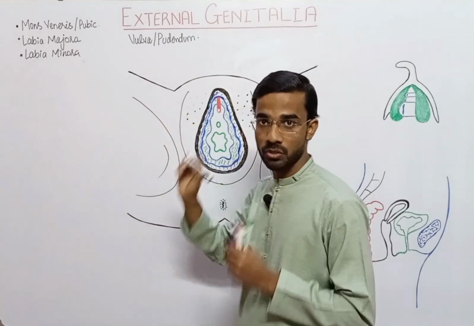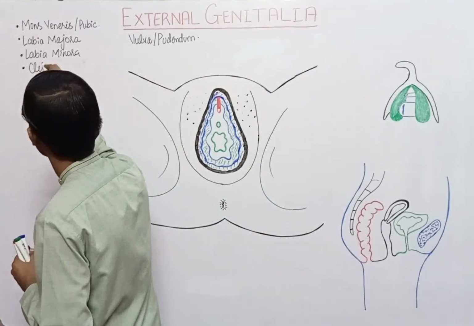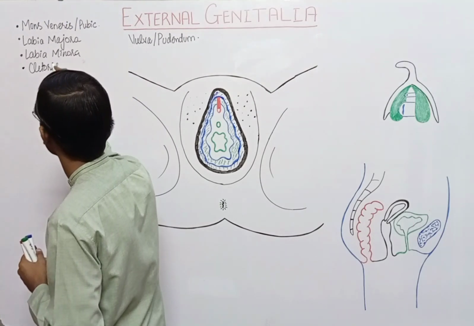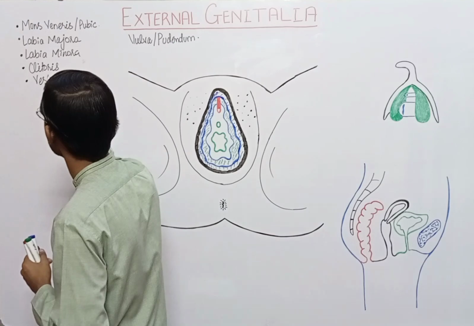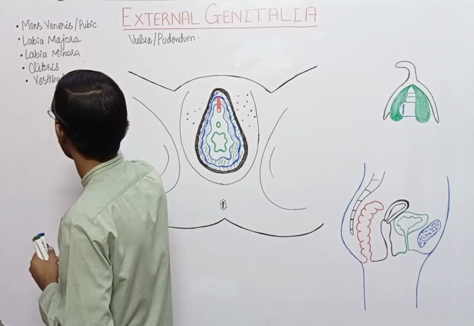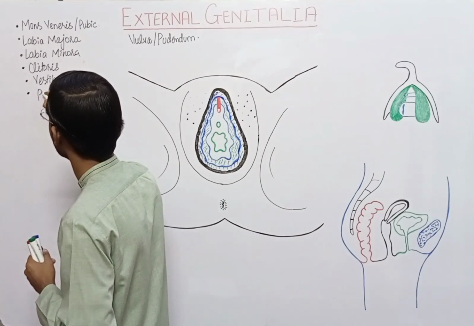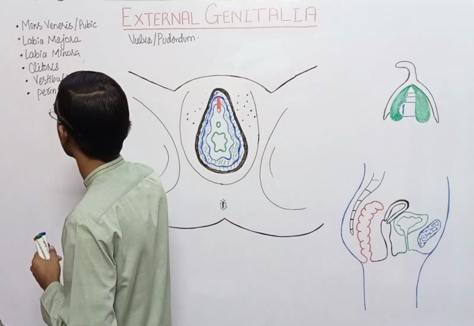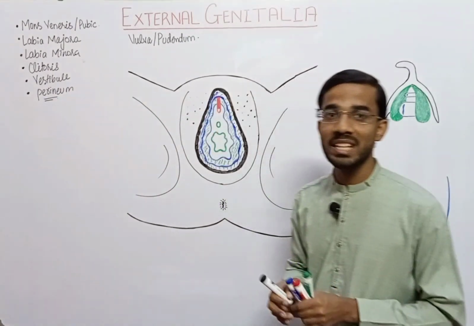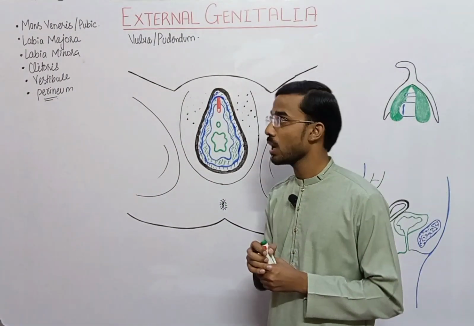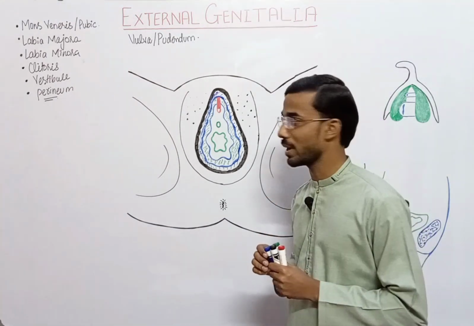Fourth is the clitoris. Fifth is the vestibule, and the last one is the perineum. So these are the six components. We will discuss each component one by one.